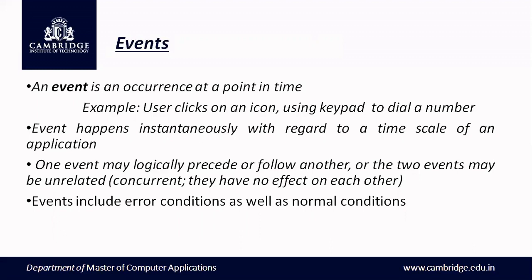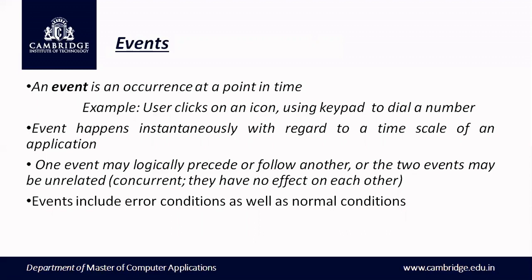Depending on what application we are using, events change from one application to another. These events may be related events or unrelated events. If they are related events, they follow one after the other. When we have a series of events, we have to follow a particular sequence for the events to occur.